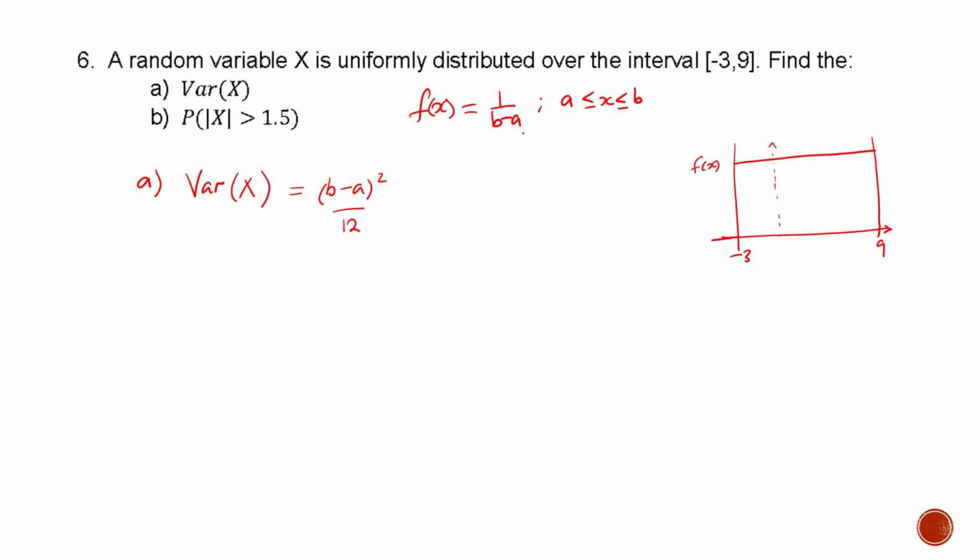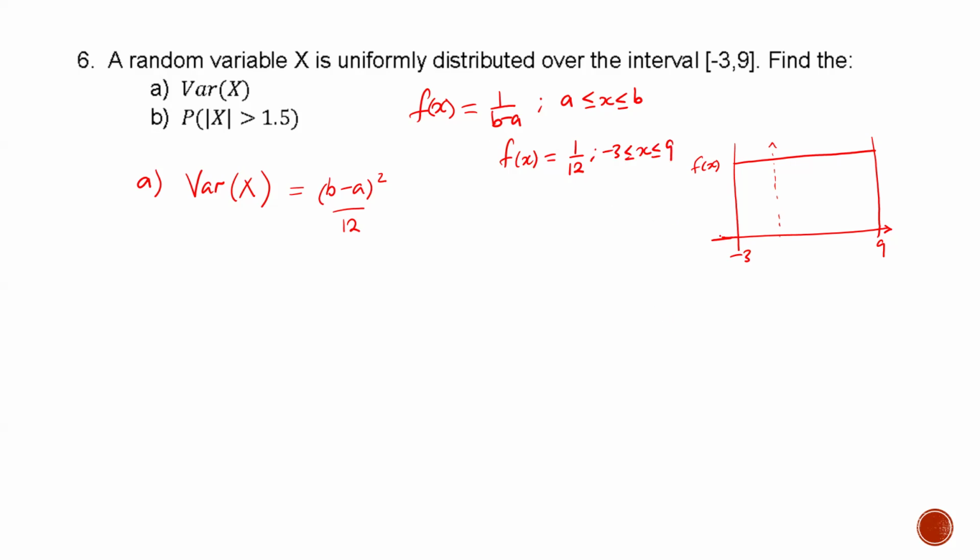The probability is 1 out of b minus a, for all points within this interval from a up to b. So in this particular case, our a is -3 and our b is 9. So f of x is going to be 1 out of 12 because 9 minus -3 is 12. And this is from -3 up to 9.